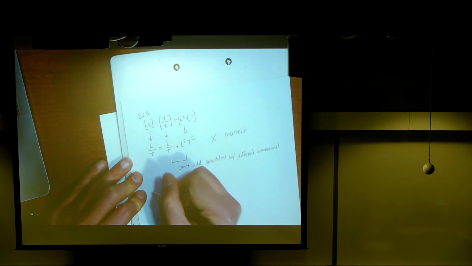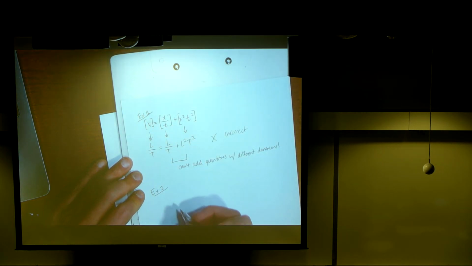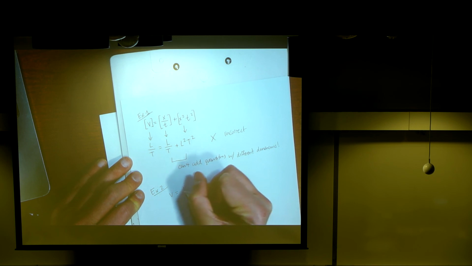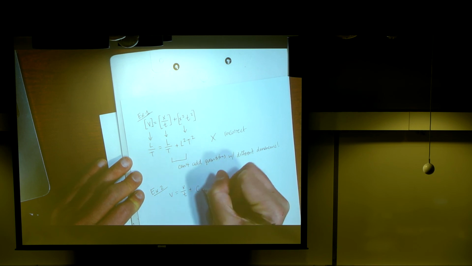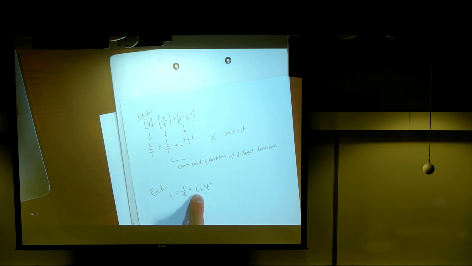The second example from the slide says, let's modify that equation slightly. And let's say v equals x divided by t plus c, some constant, times x squared t squared. So now it might be correct that we've added this new term c here, but it has to have the right dimensions for this all to work out, okay?